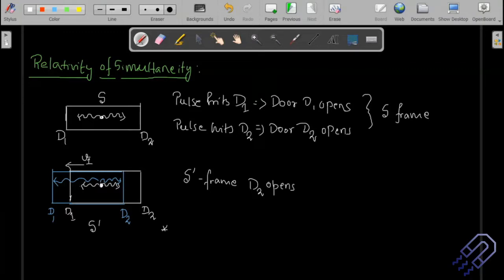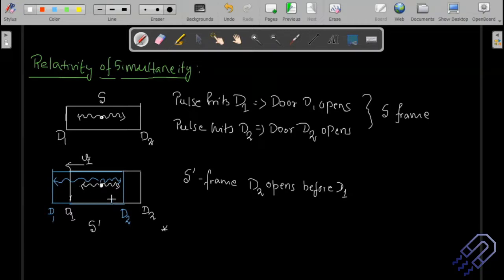If v1 is not in this direction but in the opposite direction, it will be the other way around. Then D1 will be closer to the pulse, so D1 will open before D2. Here D2 opens before D1. So this is what we observe, and this is important.